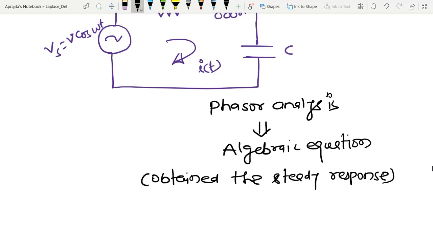The goal in this part of the lecture is to develop techniques for analyzing circuits. Means I have just drawn an RLC series circuit, but it might be possible this may be parallel or any other connection.